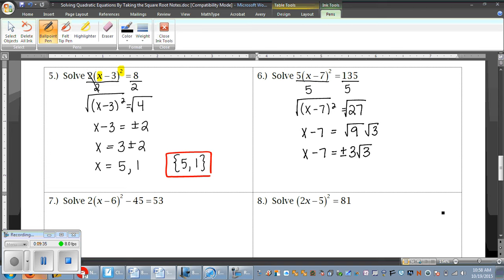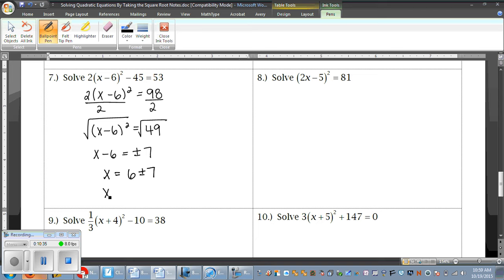I make sure I write plus or minus on my answer. I add 6 over to the other side. These are like terms, so 6 plus 7 is 13. 6 minus 7 is -1. Order does not matter, I just tend to write the smaller one first.